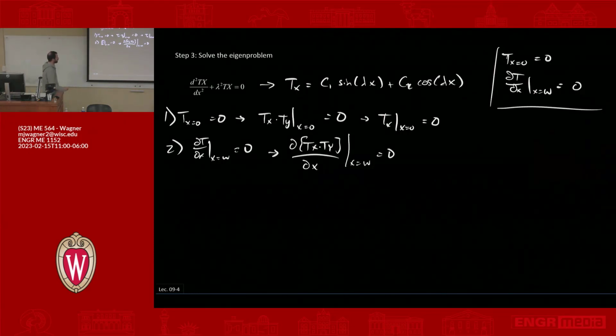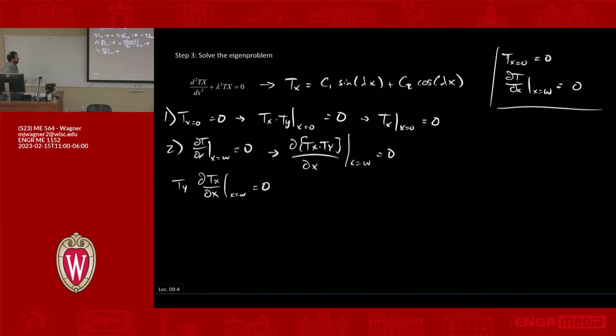So what can we do again here? This is a partial derivative with respect to x, so it doesn't affect T_y at all. So we can pull T_y out front. And we're left with T_y times dT_x/dx at x equals w equals 0.